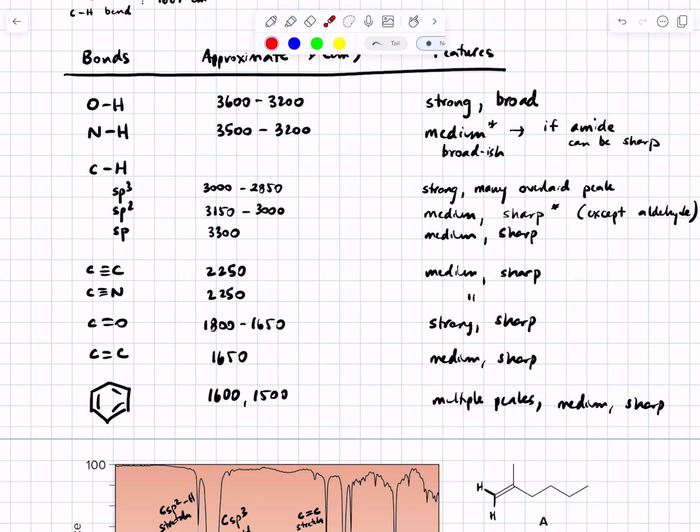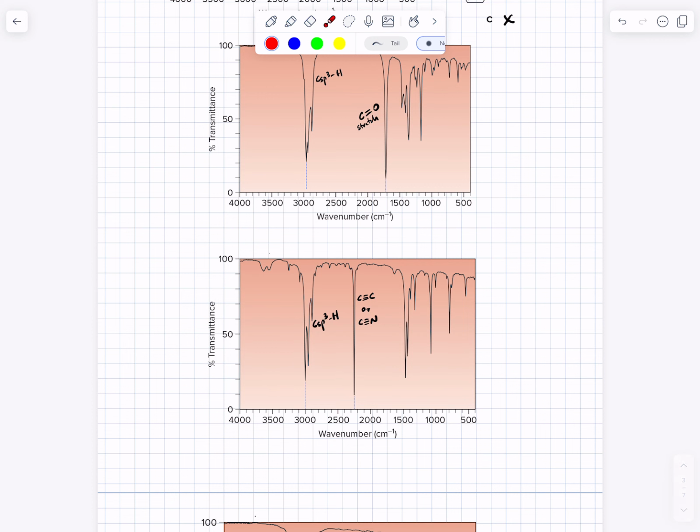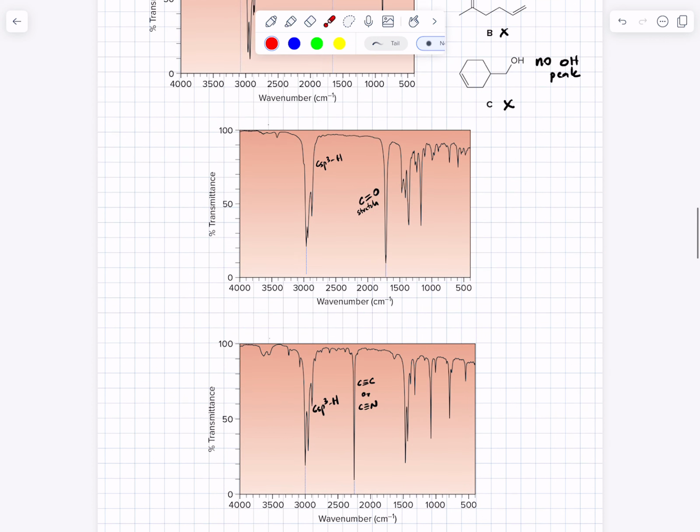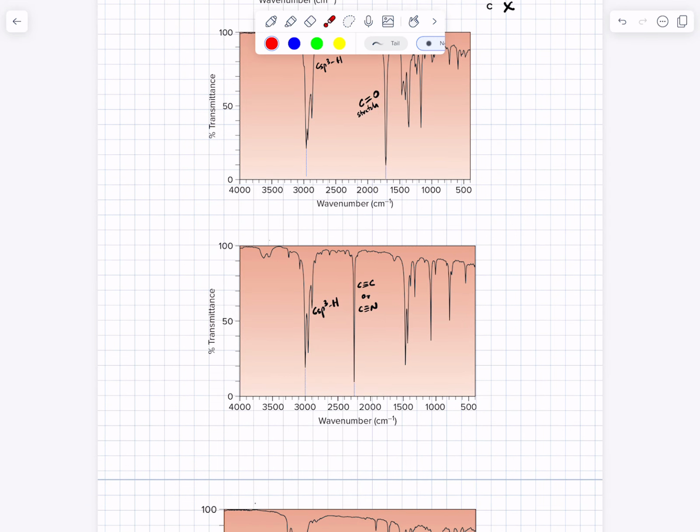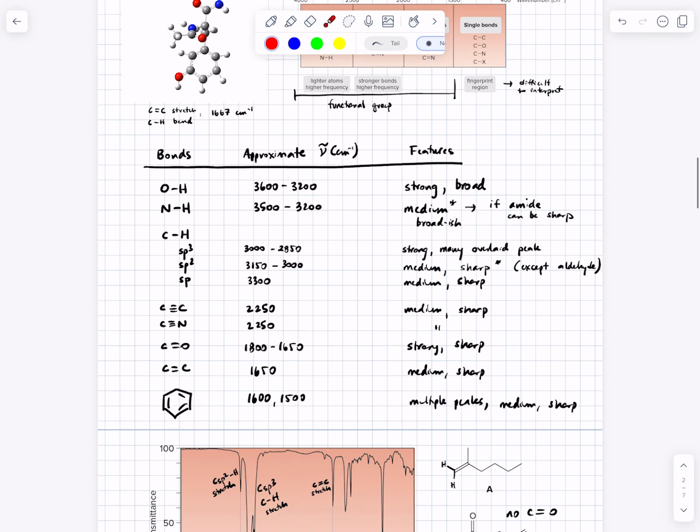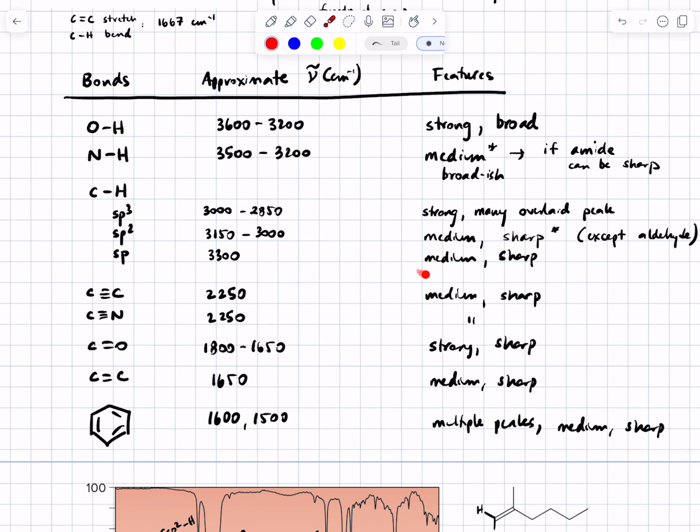So there is a little bit of wiggle room and you'll have to learn by experience. It's the trend, but there's usually some variance. Generally, when we say medium, we're talking around 50% or less transmittance. If you go to your book, it tells these things in the table. So that's really no excuse other than that there's some variance.